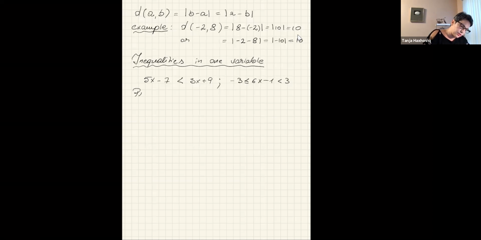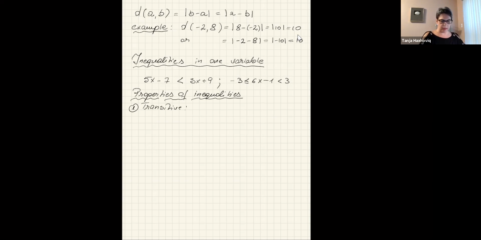So properties of inequalities. Okay, so the first one is the so-called transitive property. What does that mean?